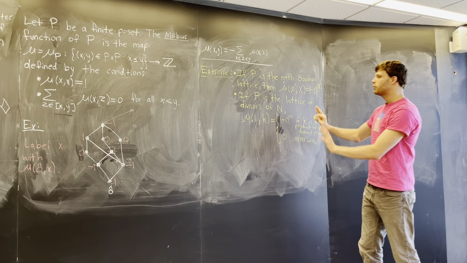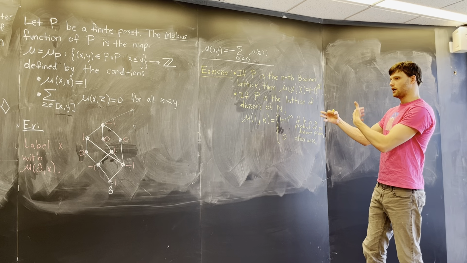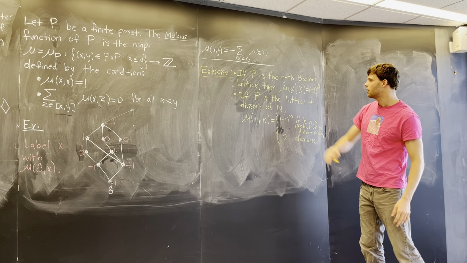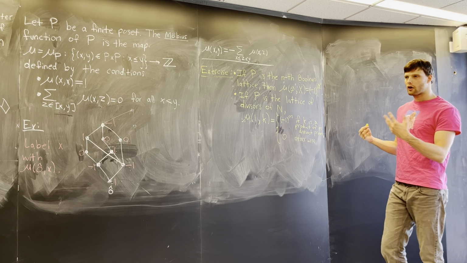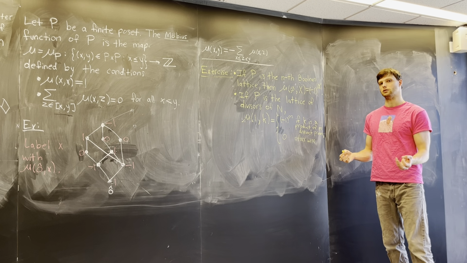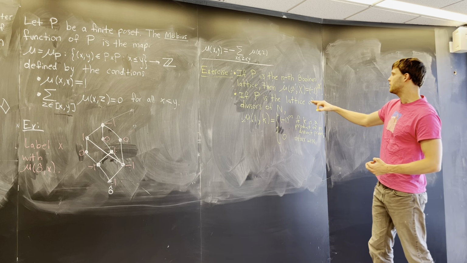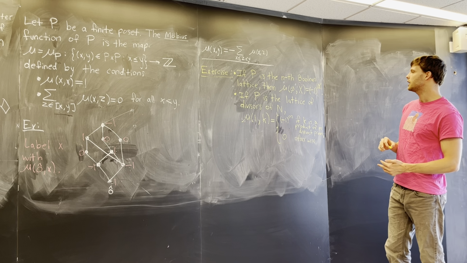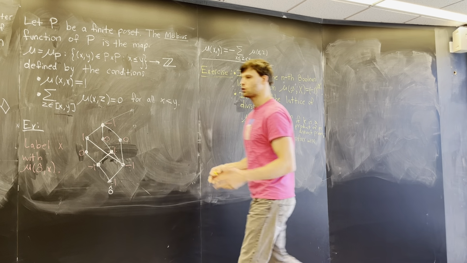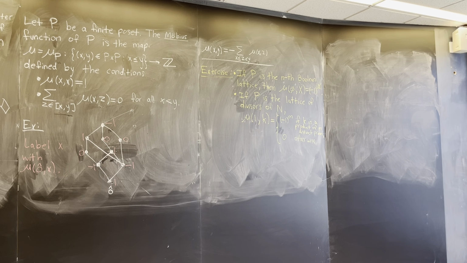So there's this notion of Möbius inversion in a number theoretic setting, which uses this Möbius function. There's also the principle of inclusion-exclusion, which can be formulated in terms of the Möbius function of the Boolean lattice. And more generally, there's a notion of Möbius inversion for any finite poset, which I'll state now.